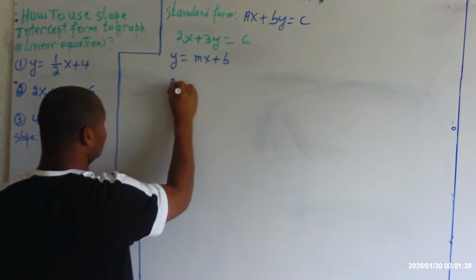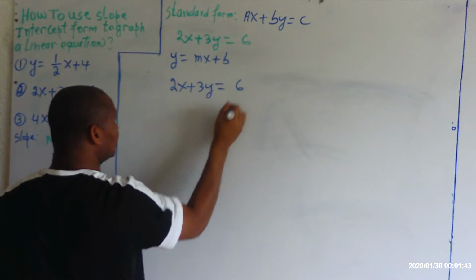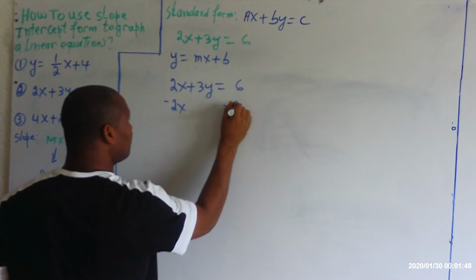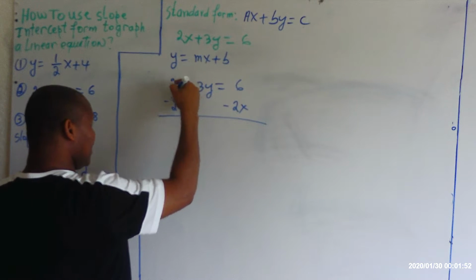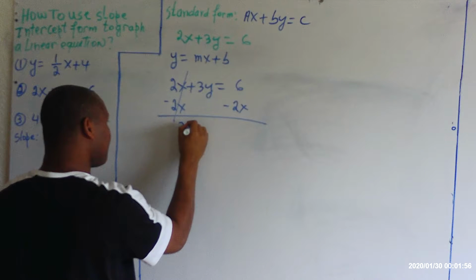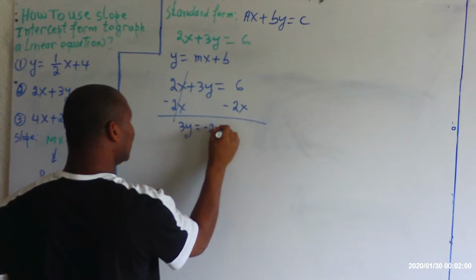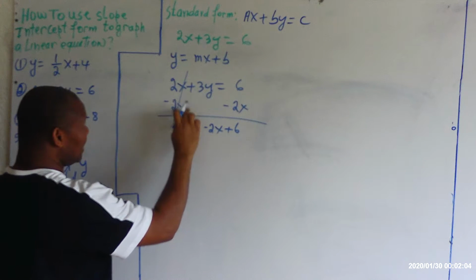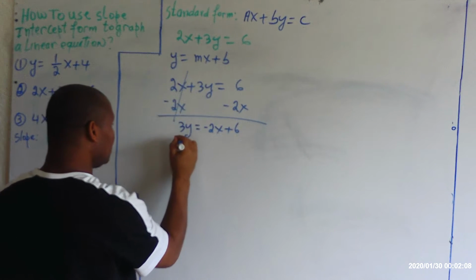Let's do that. 2x plus 3y equals 6. Let's subtract 2x from both sides. So that's positive 2x, negative 2x, they cancel. We're left with 3y equals negative 2x plus 6. Remember, I need y because I need to put it in y equals mx plus b.